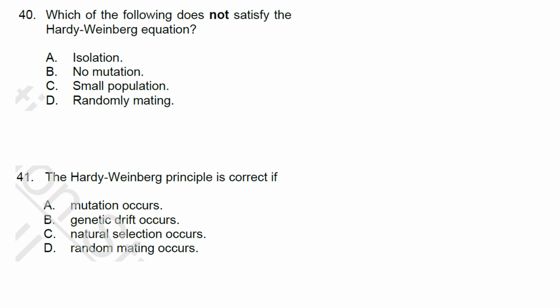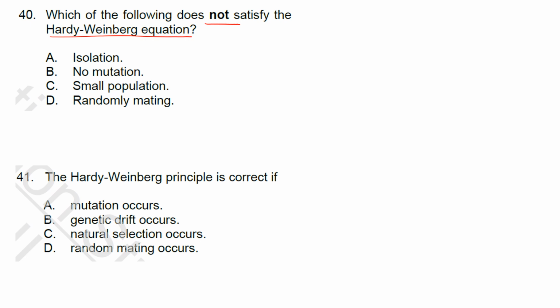Question 40. Which of the following does not satisfy the Hardy-Weinberg equation? The Hardy-Weinberg equation predicts an equilibrium, which is unchanging allele and genotype frequency from one generation to the next.